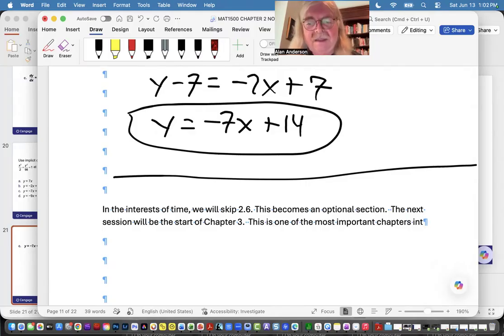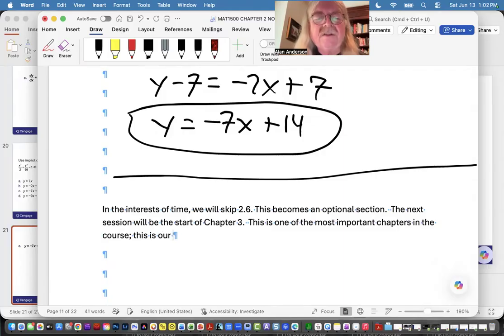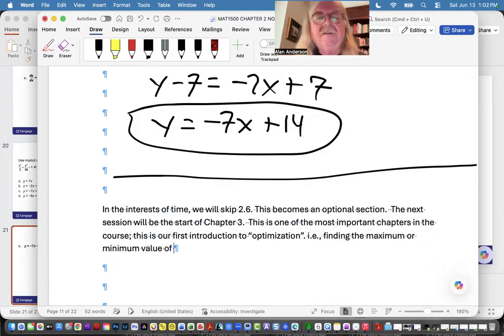This is important. In fact, it's almost impossible to overstate how important this is, because this is our first introduction to something called optimization, which basically means finding the maximum or minimum value of a function.